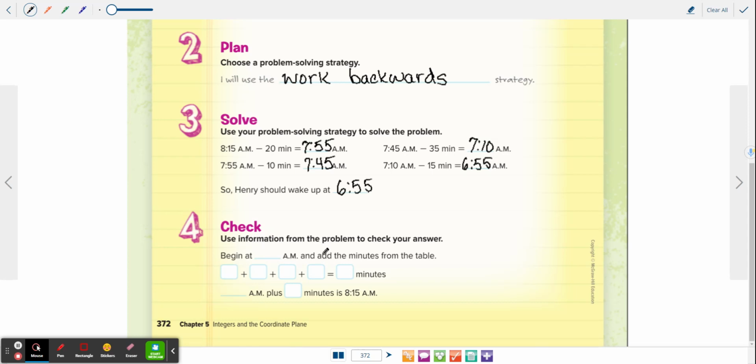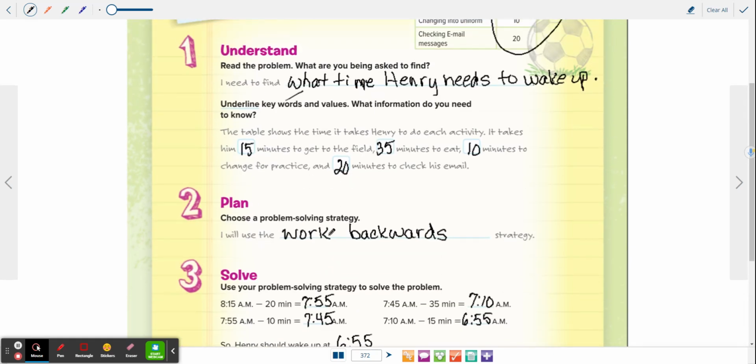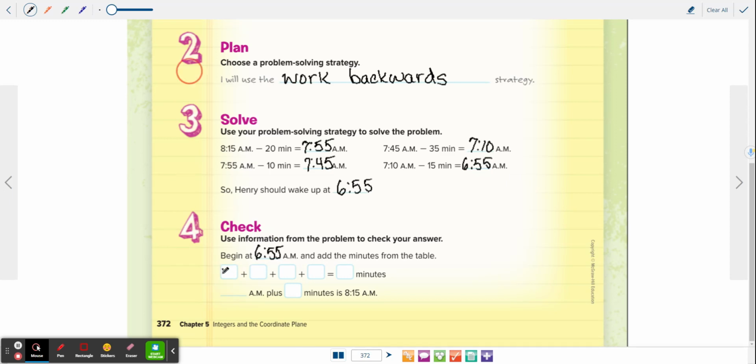Now, use the information from the problem to check your answer. Begin at blank AM and add the minutes from the table. So we're going to begin now at 6:55 and add the minutes from the table. So we're going to add 15, 35, 10, and 20. That is 80 minutes.